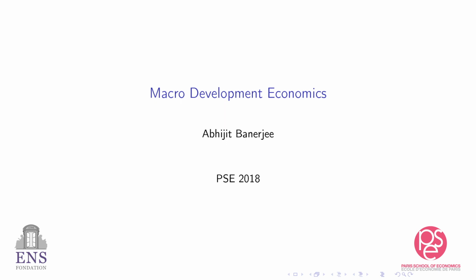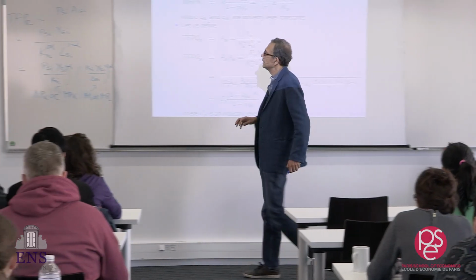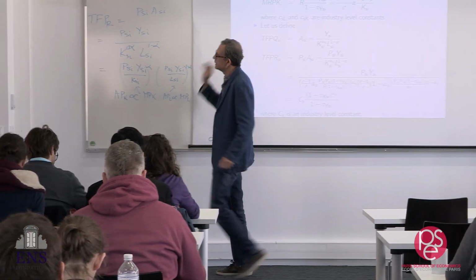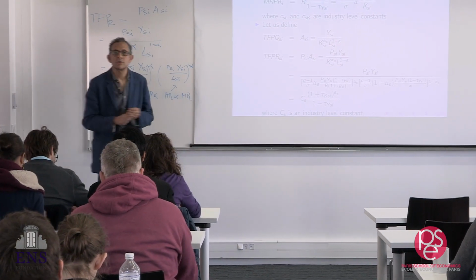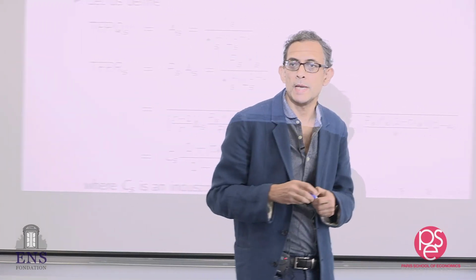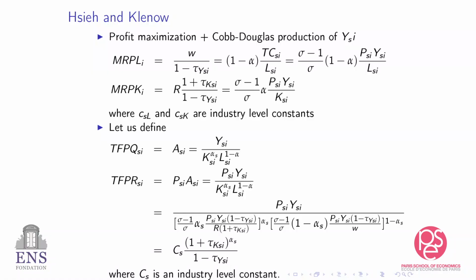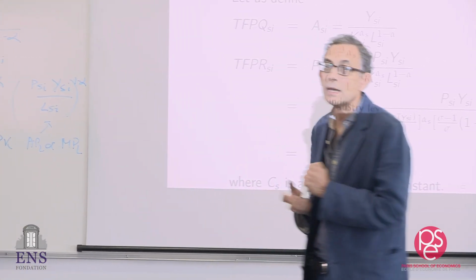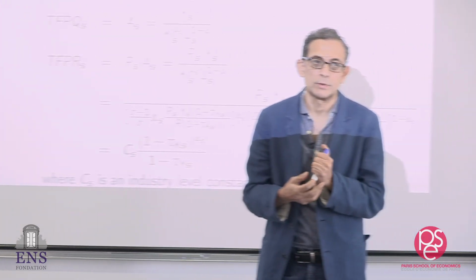This is what I said at the end of last time. I'm going to remind you. To measure efficiency, they define this thing they call TFPR. What is TFPR? Well, TFPR is really just price times TFP, the value TFP, if you like.